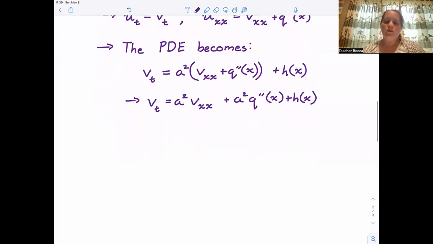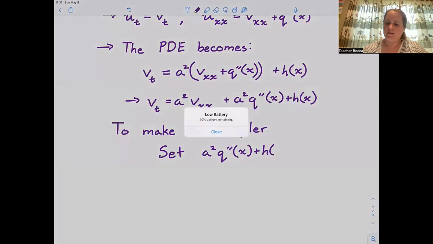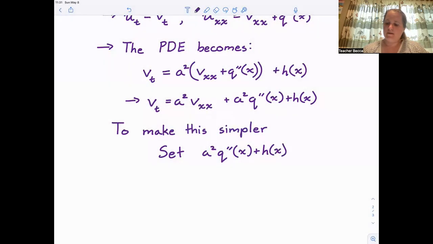So what we are going to do, to make this simpler, is set a squared q double prime of x plus h of x equal to 0.